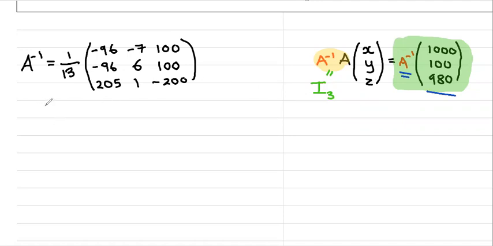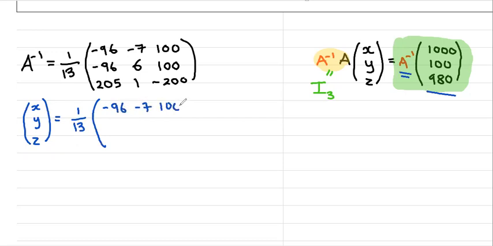And again, you can do this on the ClassWiz. So x, y, and z is simply going to be 1/13, then we've got all this: -96, -7, 100, -96 again, 6 and 100.